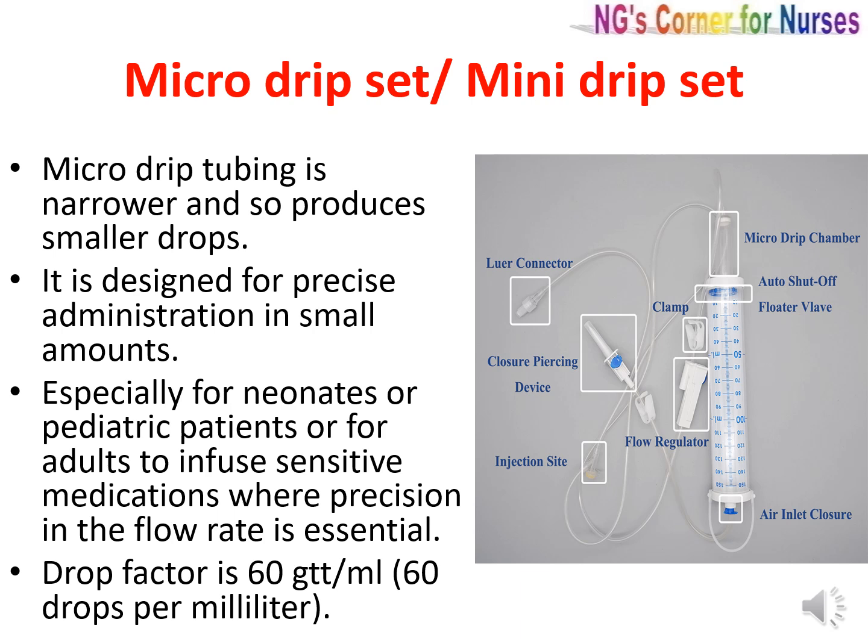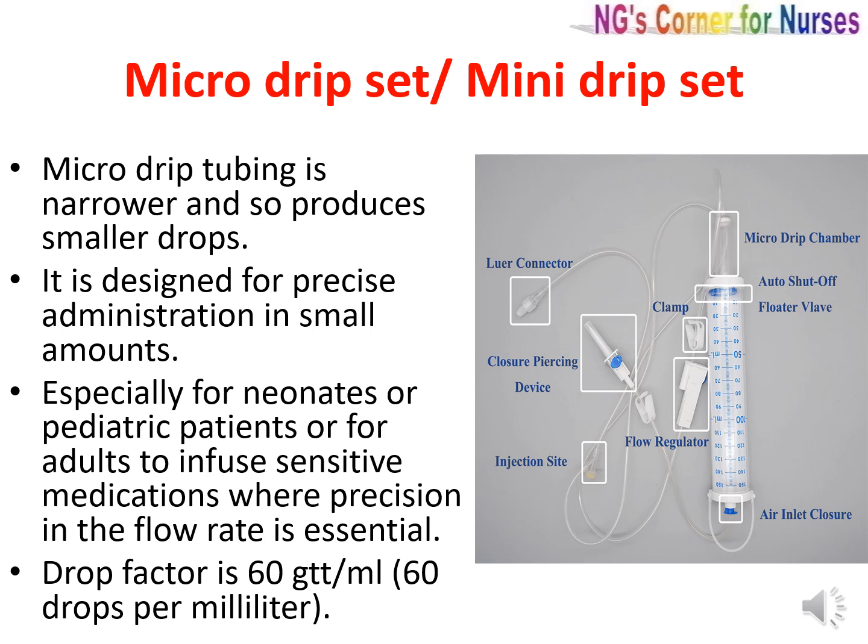Next, micro drip set or mini drip set. Micro drip tubing is narrower and so produces smaller drops. So that's why its name is micro drip set or mini drip set. It is designed for precise administration in small amounts. Especially it is used for neonates or pediatric patients.